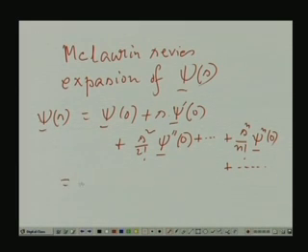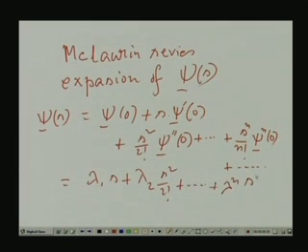So you can write it as lambda 1 s plus lambda 2 s square by factorial 2 plus dot dot dot lambda n s to the power n by factorial n plus dot dot dot.